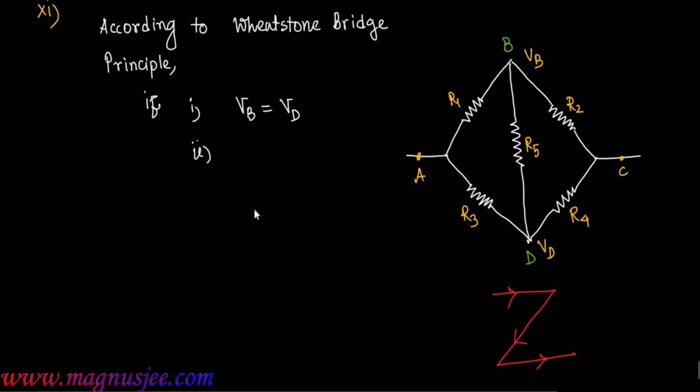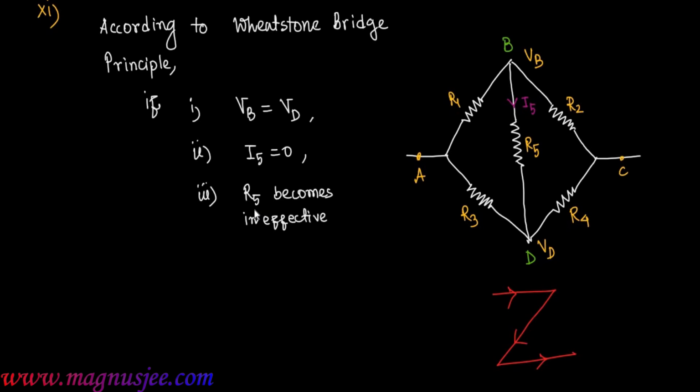And number two, the current flowing through the fifth resistor R5, I5, is 0. In that case the fifth resistor R5 becomes ineffective.